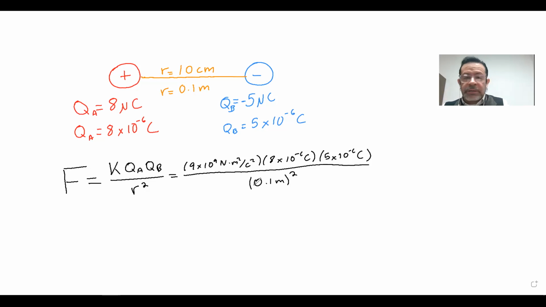We do not put the signs here, because the signs are going to be misleading if we haven't established a reference frame. So we do not do the calculations with the signs. Remember that. We're calculating the magnitude, and we're not going to put the signs in the calculations, okay?